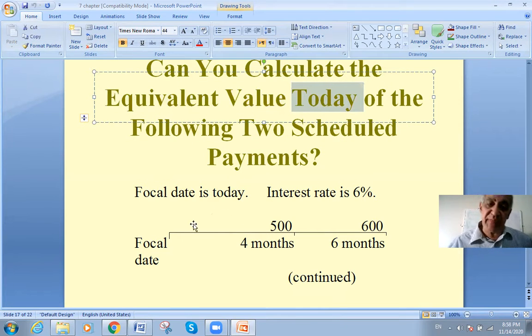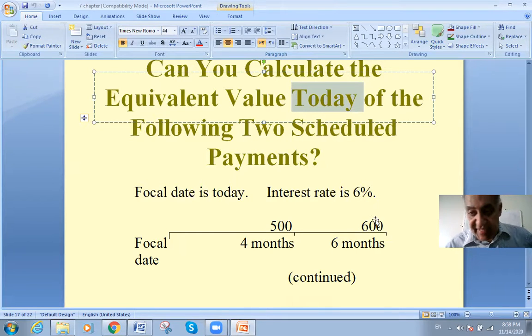What are the scheduled payments? I have $500. After 4 months, they will be $500. I just want to know, what is the value of this $500 today? And I also have $600.